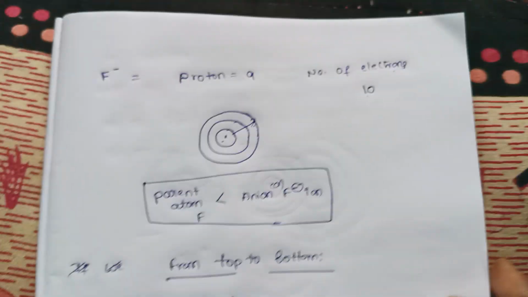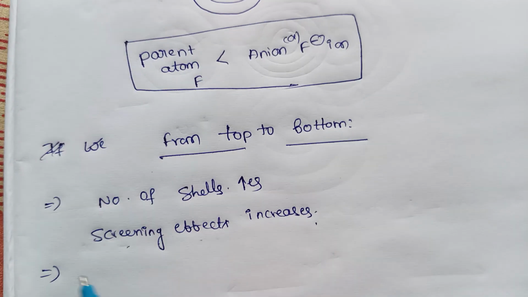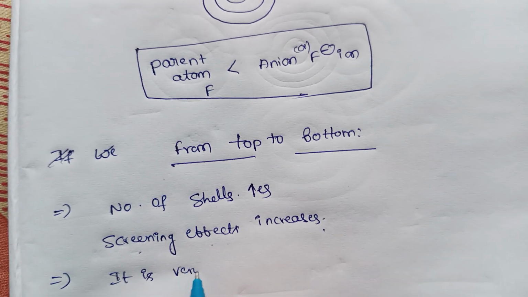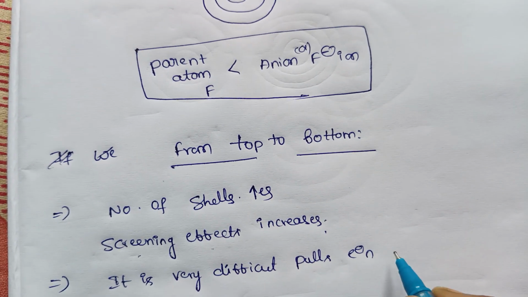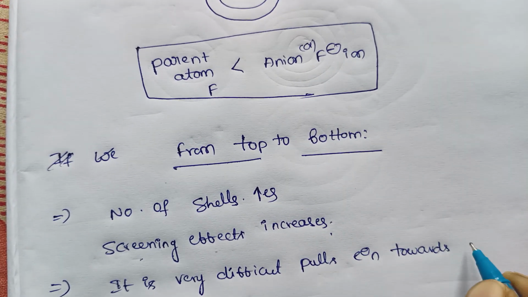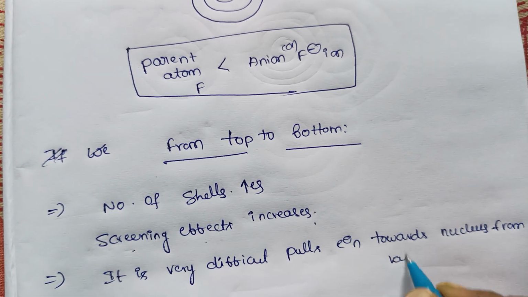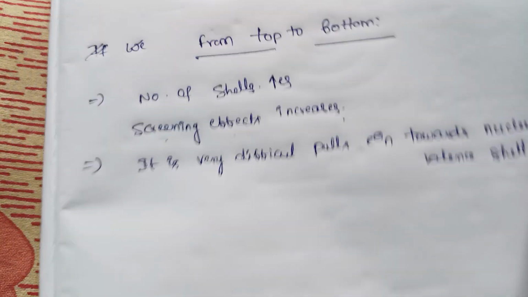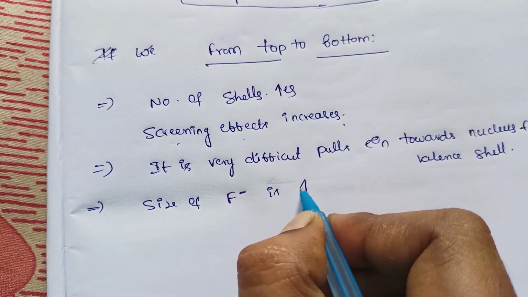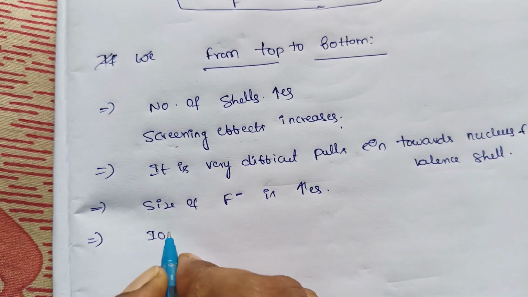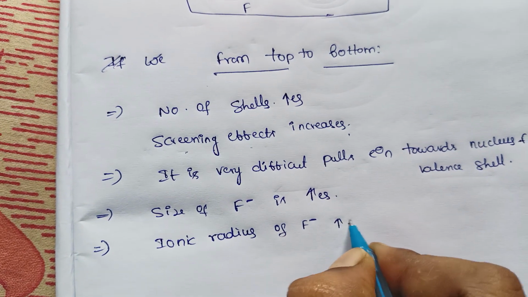When the screening effect increases, it is very difficult to pull electrons from the valence shell towards the nucleus. So the size of F minus increases, and the ionic radius of F minus also increases.